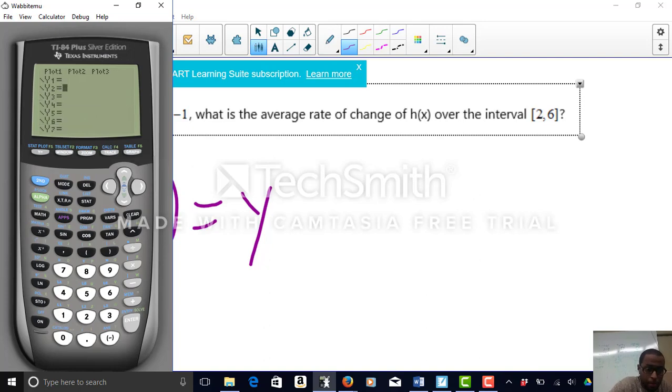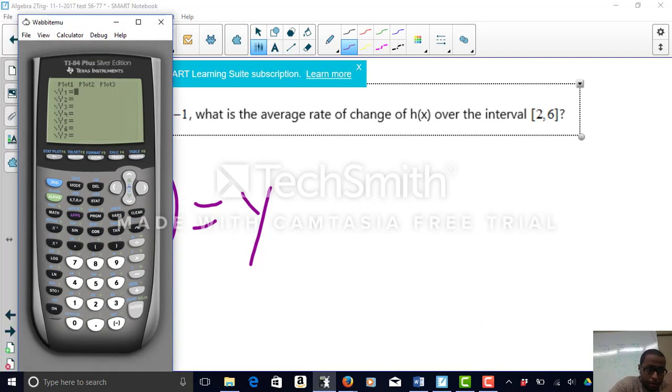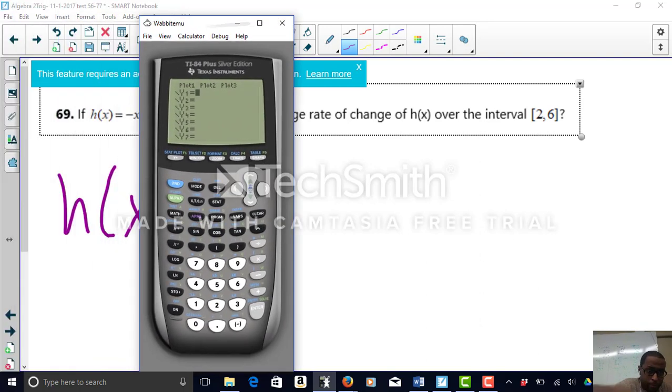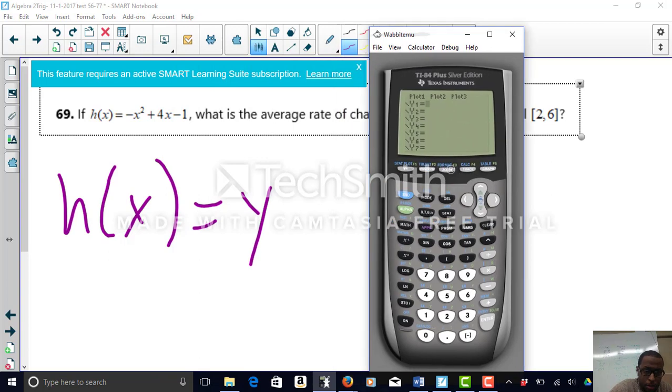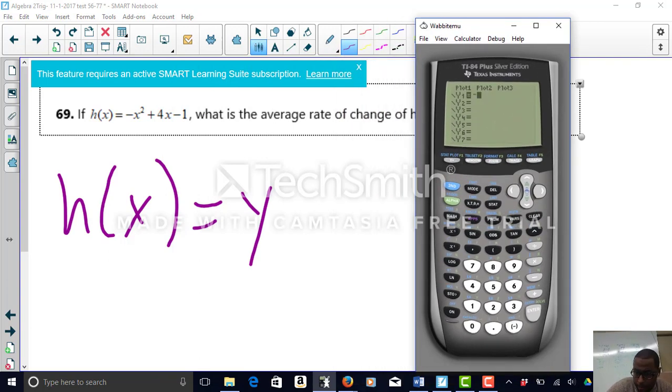So I'm going to go to y1. And I'm going to type the function in. So the function is negative, and the negative button's here, negative x squared plus 4x minus 1.